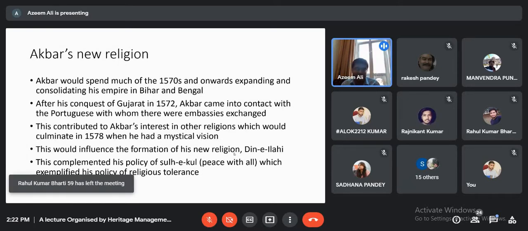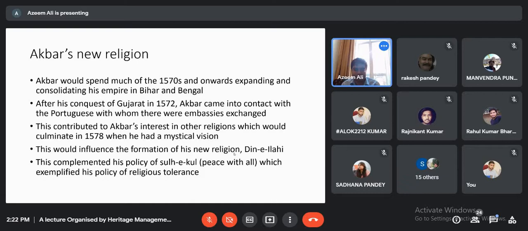And this would culminate in 1578 when he had a mystical vision, and this would influence the formation of his new religion, Din-i Ilahi. And this would complement his famous policy of Sulh-e-Kul, which means peace with all, which exemplified his policy of religious tolerance.